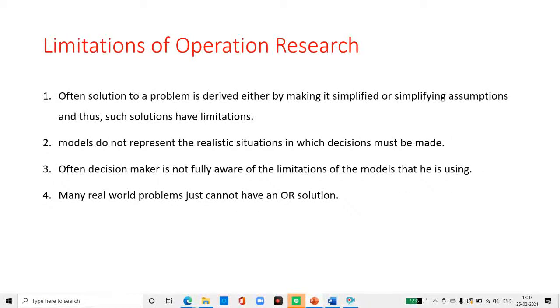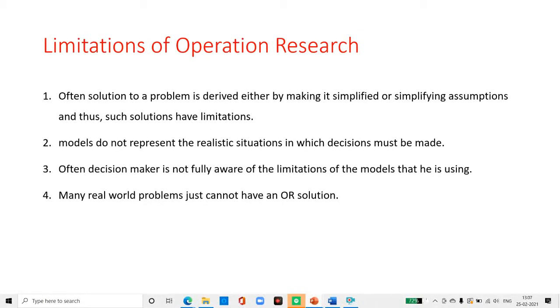Then what are the limitations of operational research? Often the solution to a problem is derived by simplifying the assumptions, and thus such solutions have limitations. The second is that sometimes the models do not represent the realistic situations in which decisions must be made.